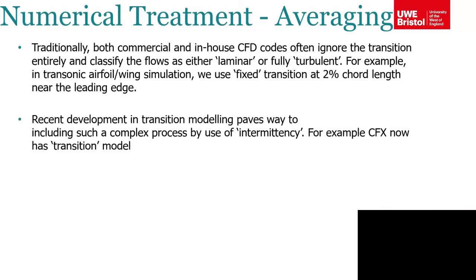They model either laminar or turbulent flow, because when you get a flow, usually the transition region is small. You can still ignore it. But you have some transition models here, especially when you use DNS, you can use transition flow if necessary.